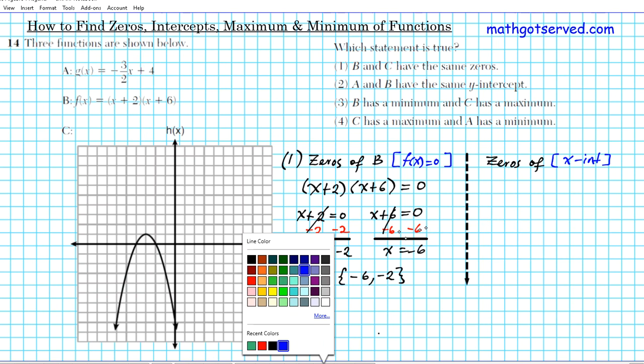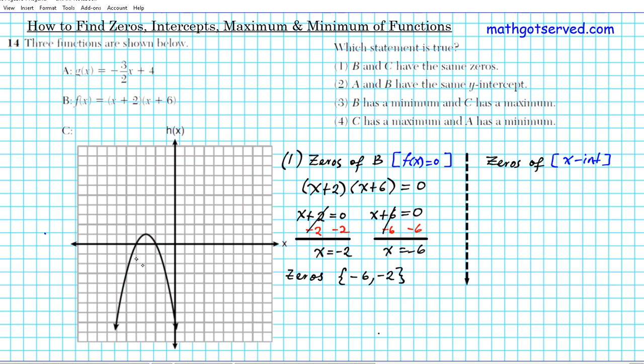Okay, so what are x-intercepts? X-intercepts are the points where the graph intersects the x-axis. Okay, so this is your x-axis, so this is your first x-intercept, and that's your second x-intercept. So this value, we have 1, 2, -2, and then -3, -4. Alrighty, so these two are called your x-intercepts.